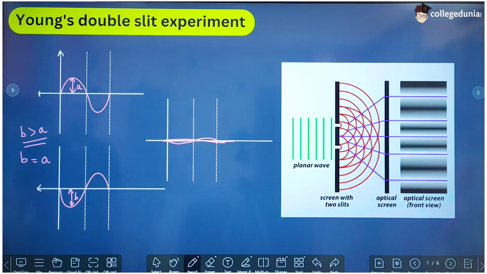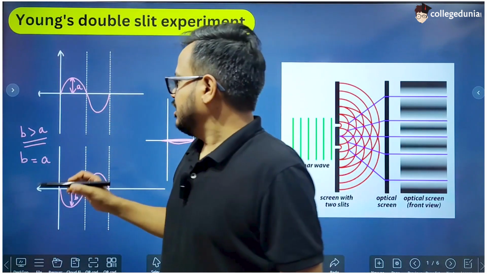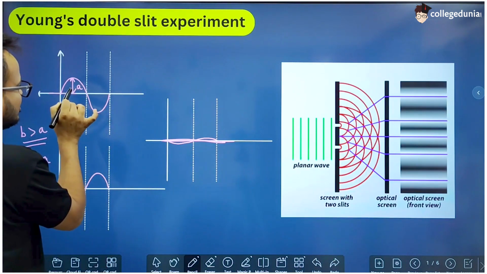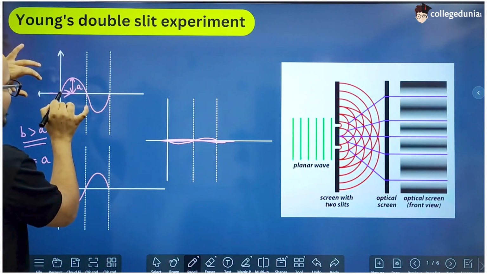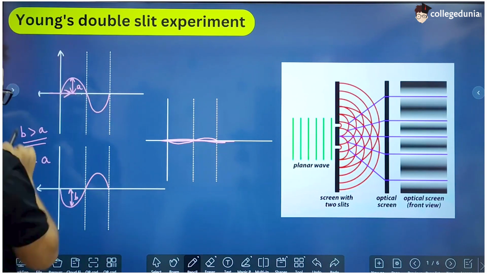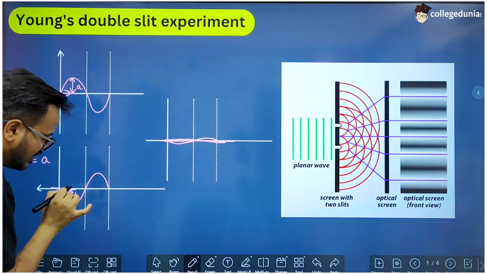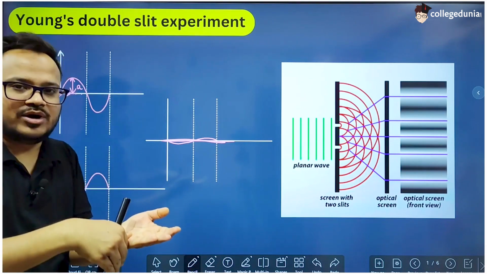So why is this happening? Because a wave is simply a disturbance in space. If this disturbance is going like this, then when it reaches here, it makes the particles of this region go in the upward direction, but this other disturbance, when reaching here, makes the particles of this region go in the downward direction.